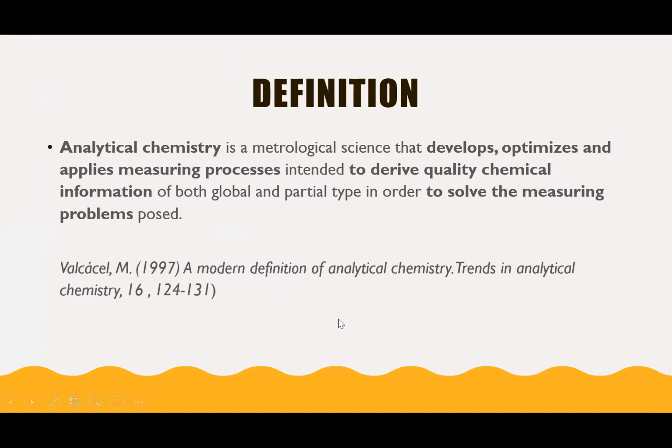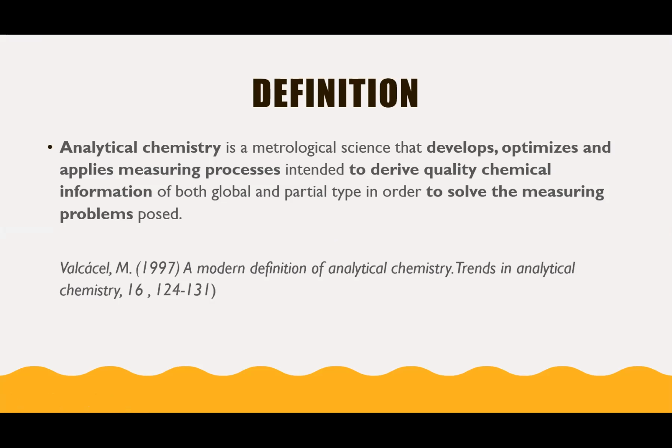So what is analytical chemistry? Analytical chemistry is a metrological science that develops, optimizes, and applies measuring processes, which is intended to derive quality chemical information to solve the measuring problems.